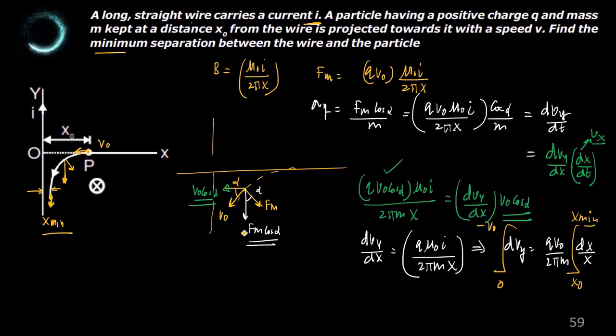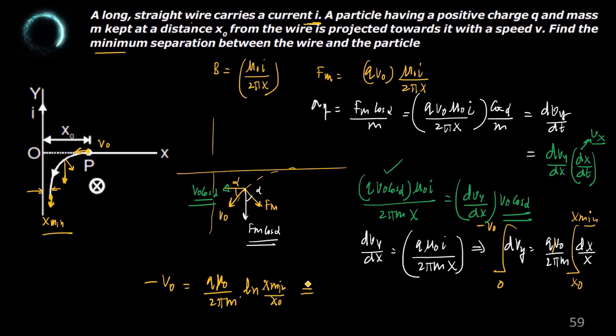Once you put the limits and calculate, minus v naught should be equal to q mu naught I divided by 2 pi m into ln of x minimum divided by x naught.